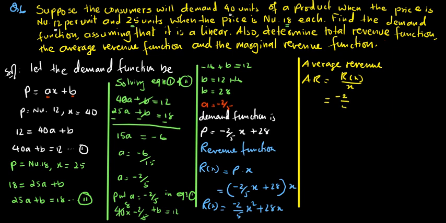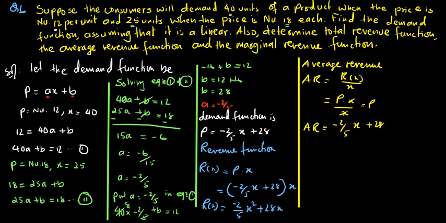Remember, the revenue function is P times X, divided by X. X gets cancelled, which is equal to P only. So average revenue is minus 2 by 5 x plus 28.